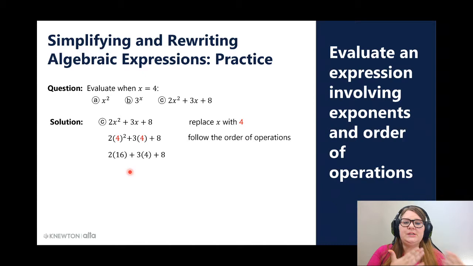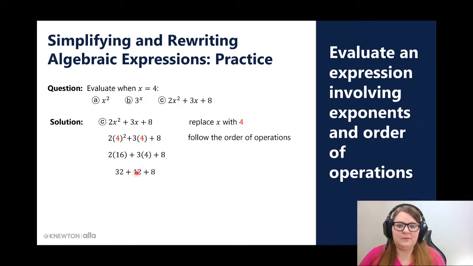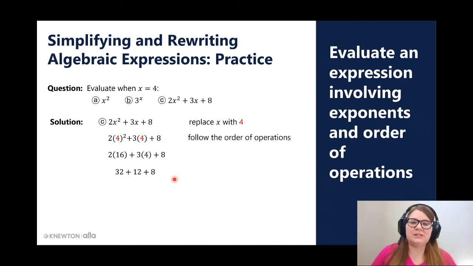Now we're going to do multiplication and division. Well, this particular problem has 2 instances of multiplication, so we do those from left to right. 2 times 16 is 32, and 3 times 4 is 12. So we have replaced both of those, but again, we went from left to right. Now we're on to the addition and subtraction.